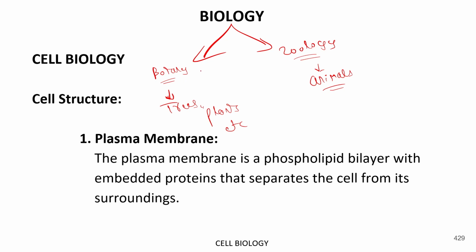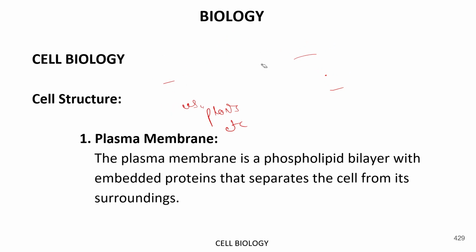Got it? So we have two branches of biology, botany and zoology. In botany, we study trees, plants, and things related with them. But in zoology, we study animals. Got it? Now, the next question is, who is known as the father of botany, and who is known as the father of zoology?